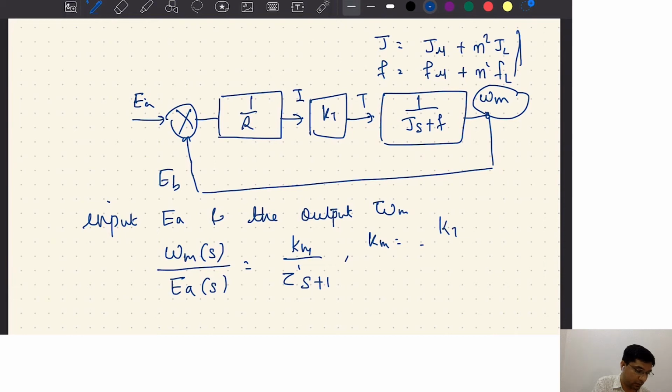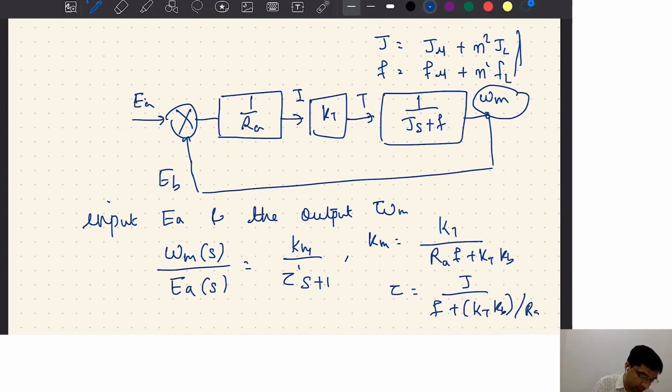So Km is Kt over Ra, I'll call the armature resistance Ra, divided by F plus Kt Kb over Ra, and what is in the denominator is tau. Tau will be J over F plus Kt Kb by Ra. Again, you can fill in all the blanks here.